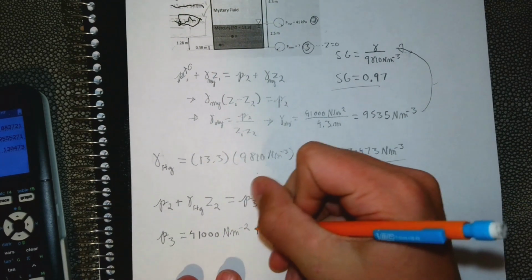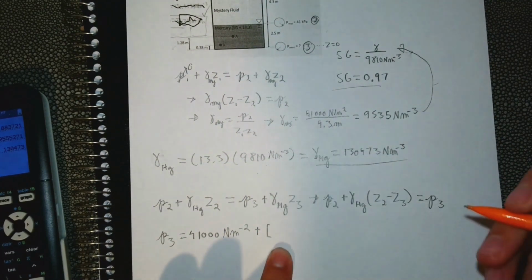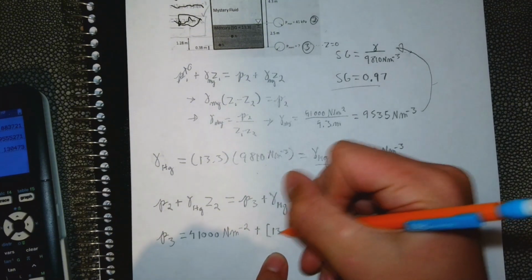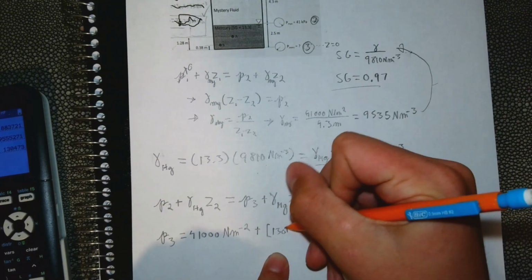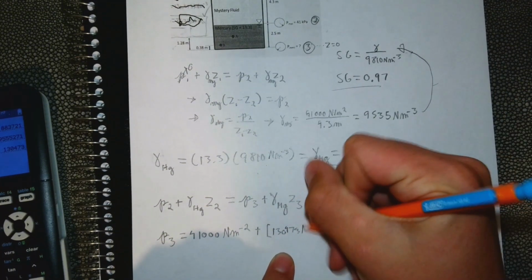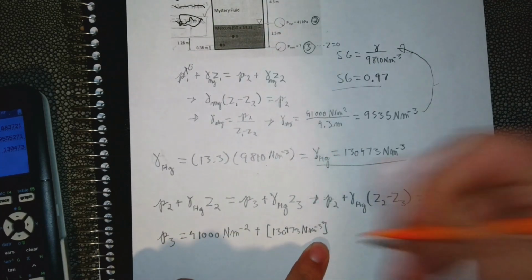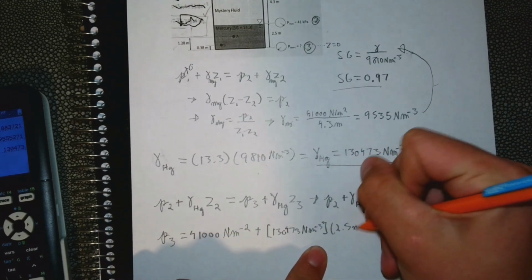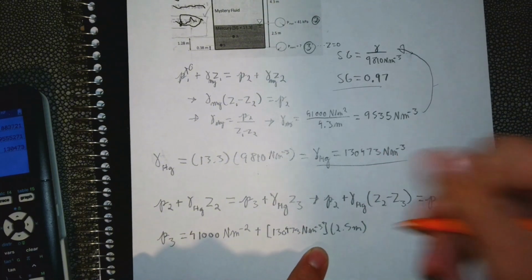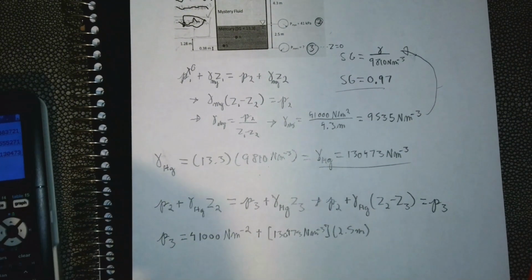And we add that to specific weight of mercury times the difference in height of the 2 points, which is 2.5 meters, and put that in our calculator.